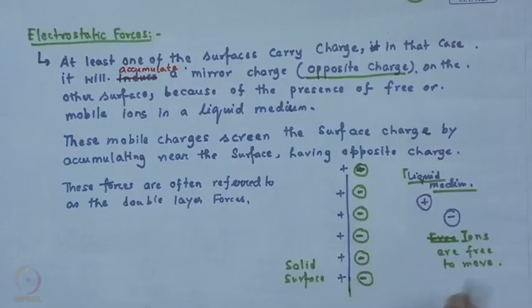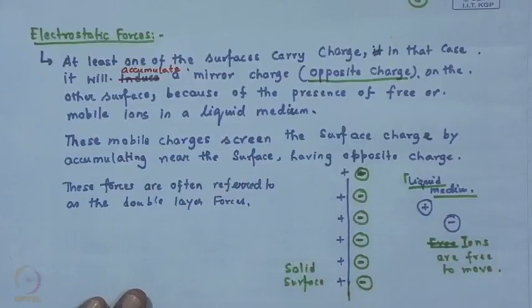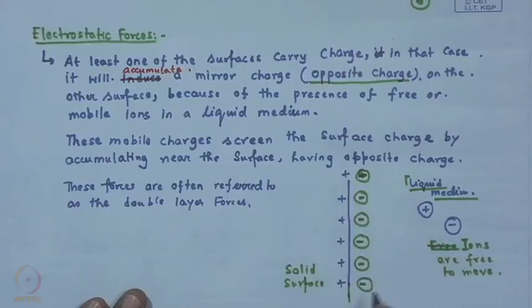What is the source of these negatively charged ions? The source is that there are free or mobile ions available in a liquid medium. Once these mobile charges accumulate, they screen the surface charge by accumulating near the surface.